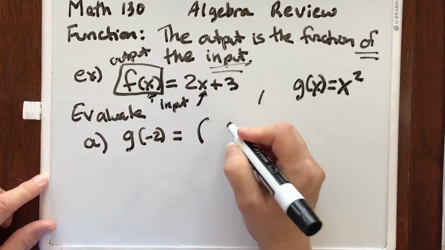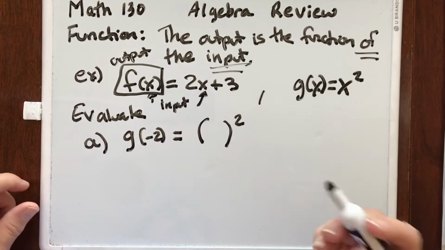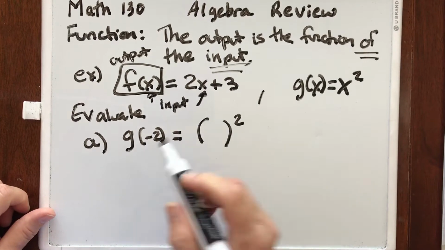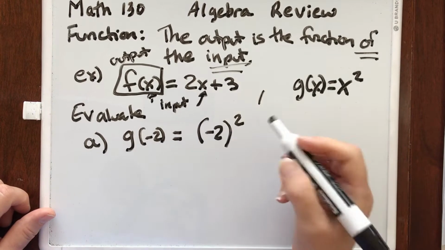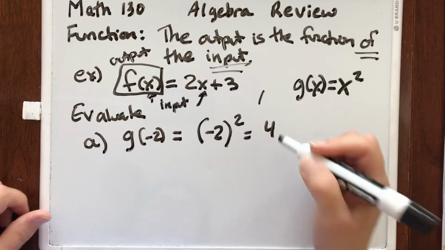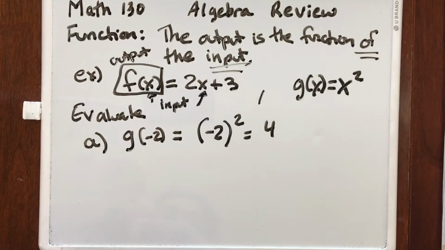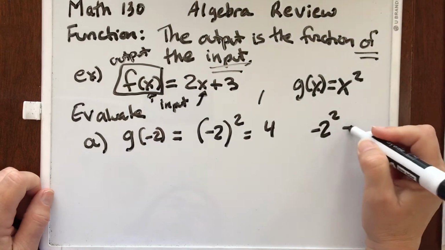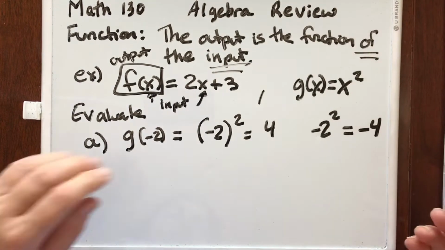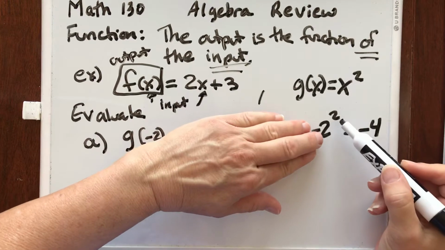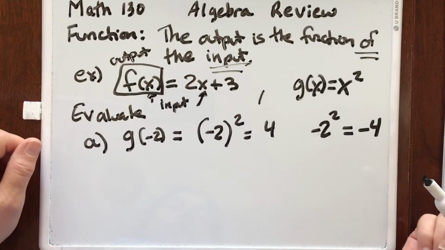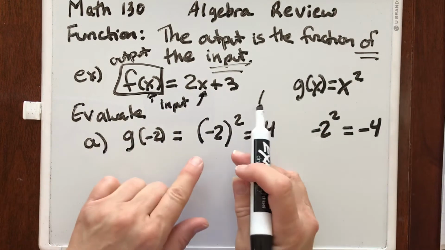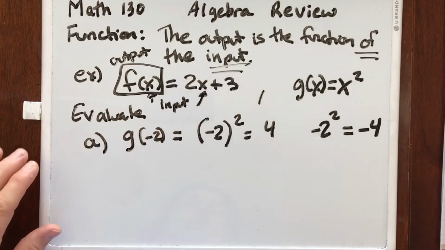So for the x, I'm going to put parentheses so that I don't mistake this negative. It must go inside the parentheses. So that equals 4. If I didn't put it in parentheses, we would have negative 2 squared, but that is negative 4, because according to PEMDAS, we square first and then attach our negative. So it's very important when you have variables and negative numbers, you use your parentheses.